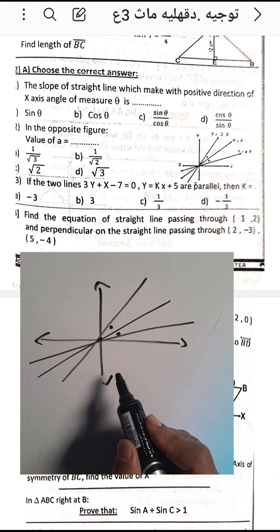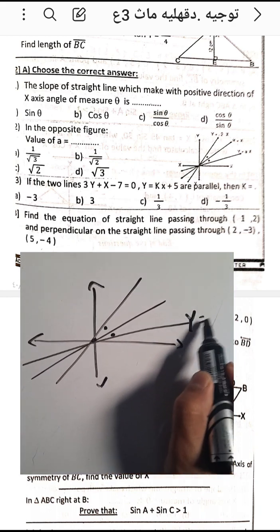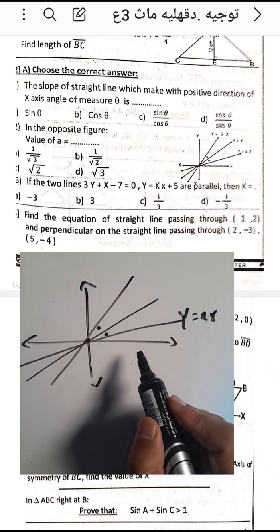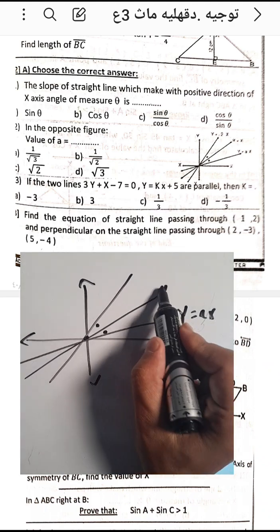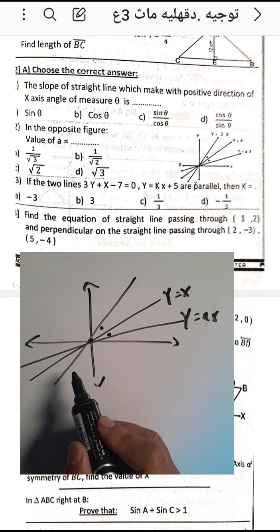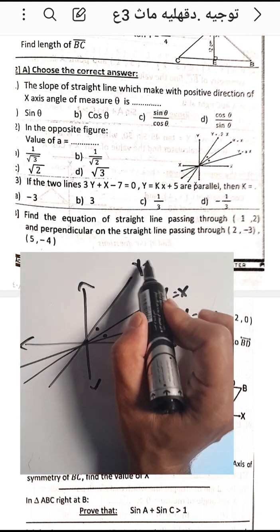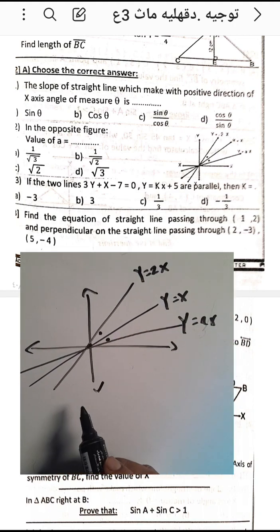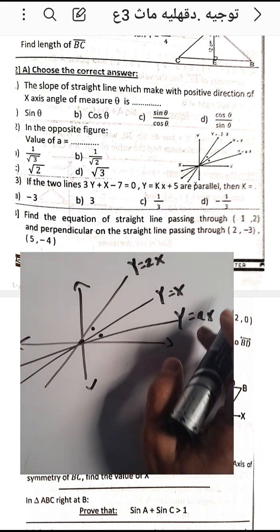As the equation here, y equals ax, this equation is y equals x, and here y equals 2x. And you want to find the value of A here.